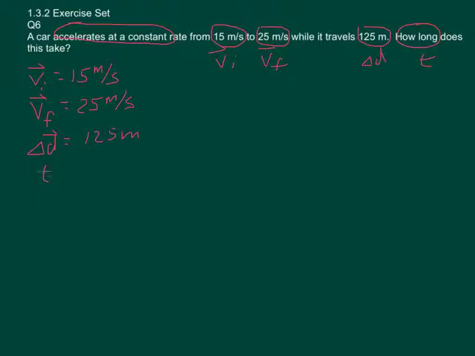And t, well, we are unsure. And acceleration is not given either. But this is really what the question is asking. How long? Let's take this as the duration of time.